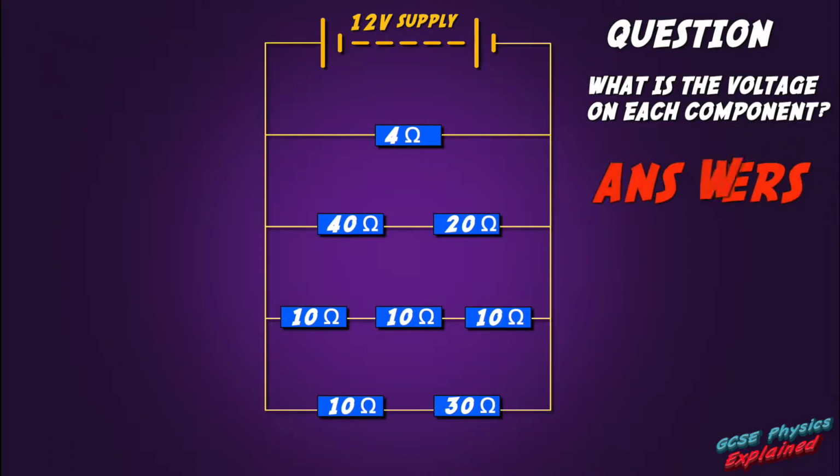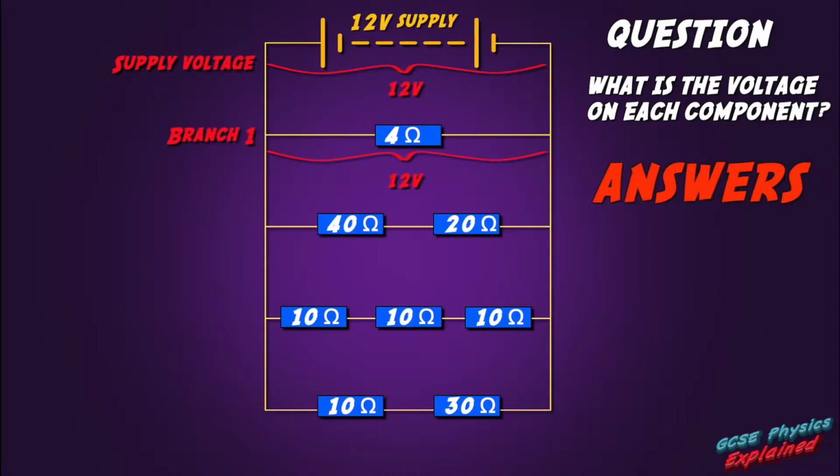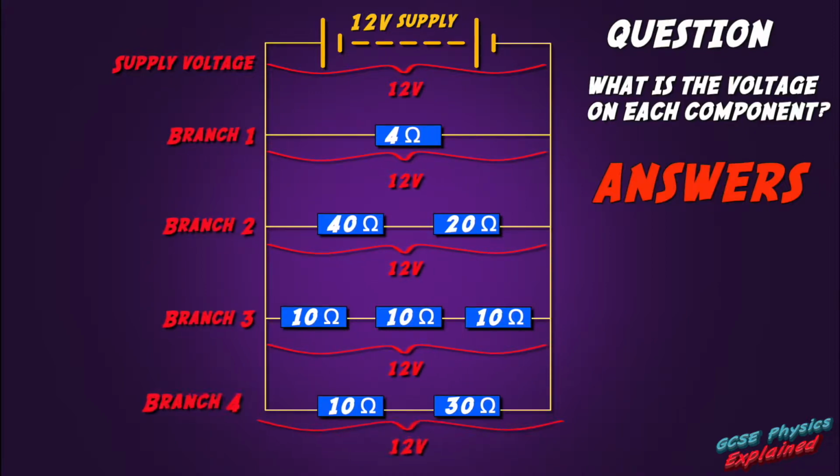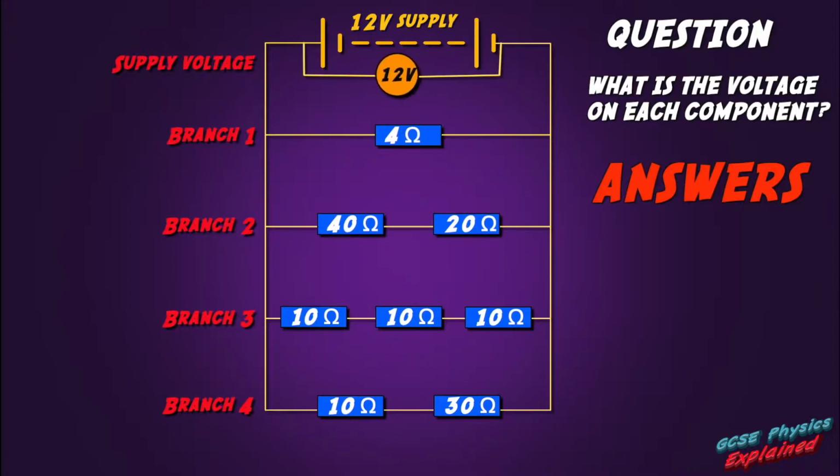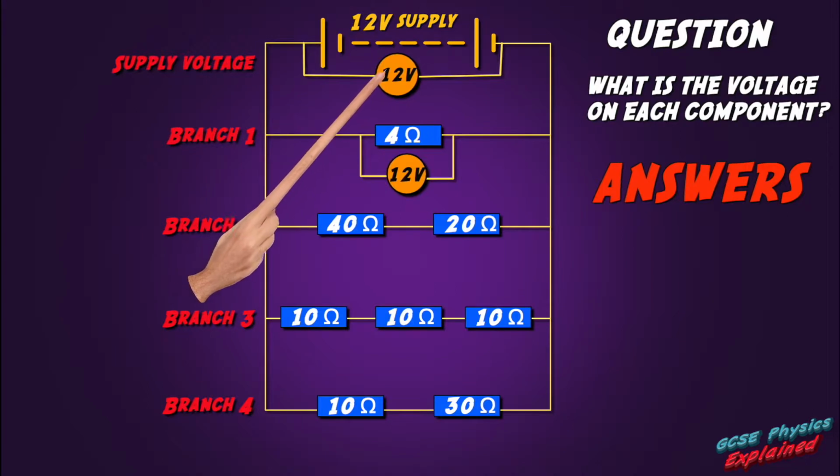And here's the answers. The supply voltage is 12 volts, so that means that each branch gets 12 volts across it to use. Branch 1 has only one component, so that component gets all 12 volts. Branch 2 also has 12 volts across it because that's the supply voltage.